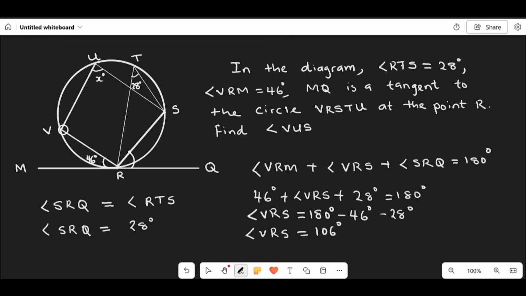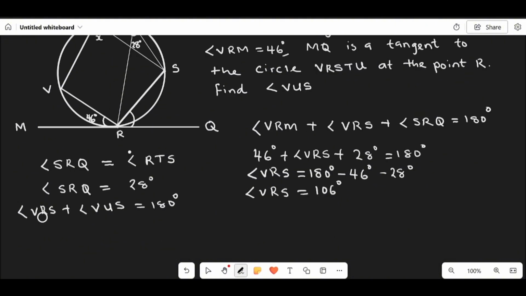The summation of angle VRX and angle VUX is equal to 180 degrees because opposite angles of a cyclic quadrilateral add up to 180 degrees. Angle VRX plus angle VUX is equal to 180 degrees.